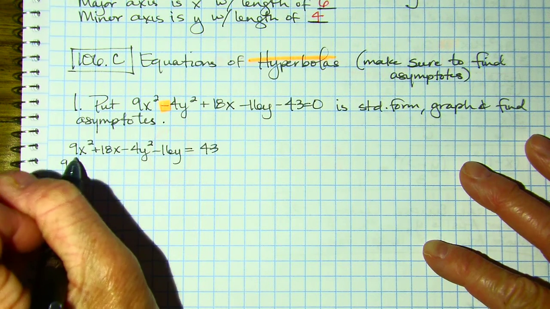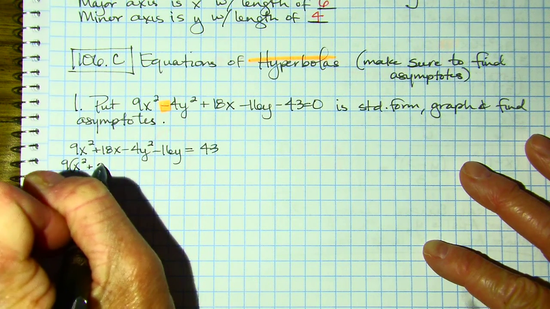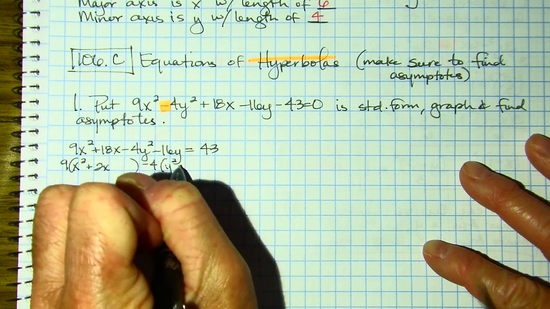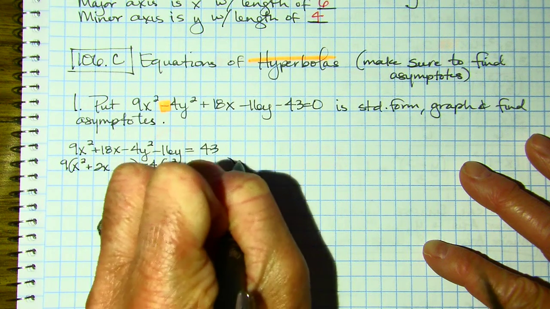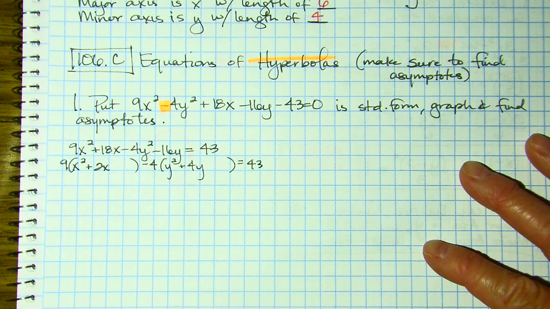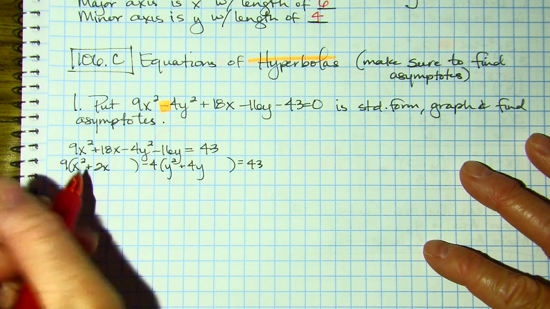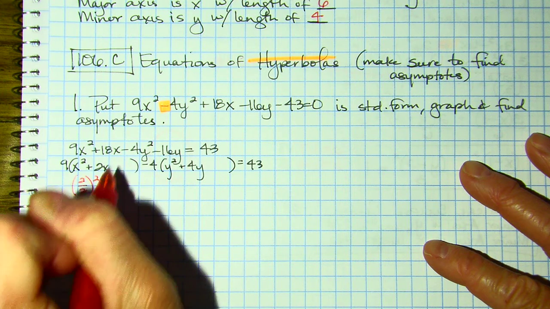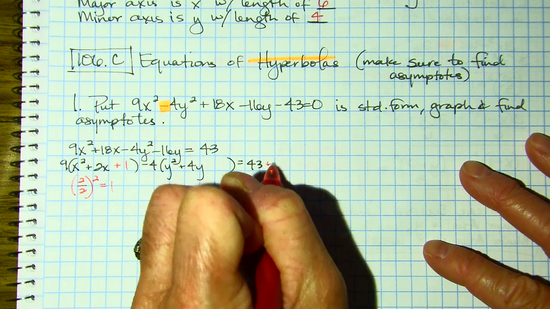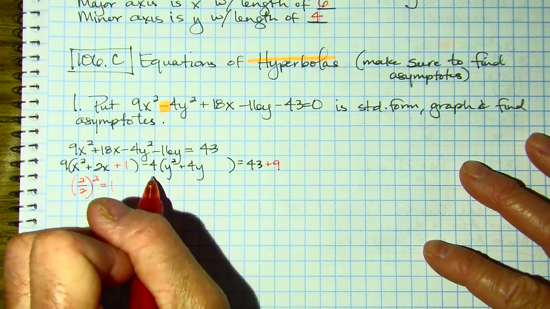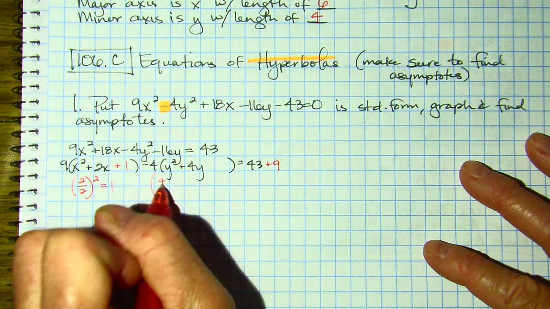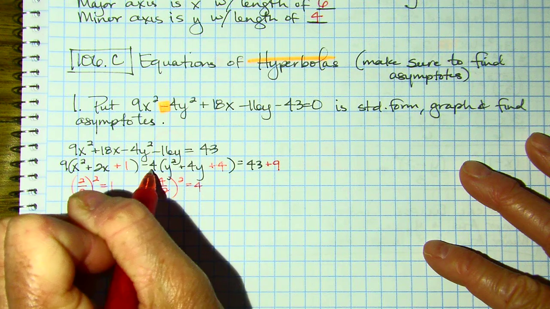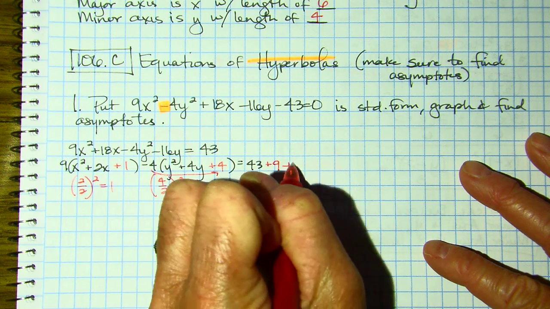All right, so now let's factor out a. So 9 parentheses x squared plus 2x, negative 4 parentheses y squared plus 4y equals 43. So 2 divided by 2 squared equals 1, so plus 1, but over here that would be plus 9. 4 divided by 2 squared equals 4, that's plus 4, but that is a negative 16.